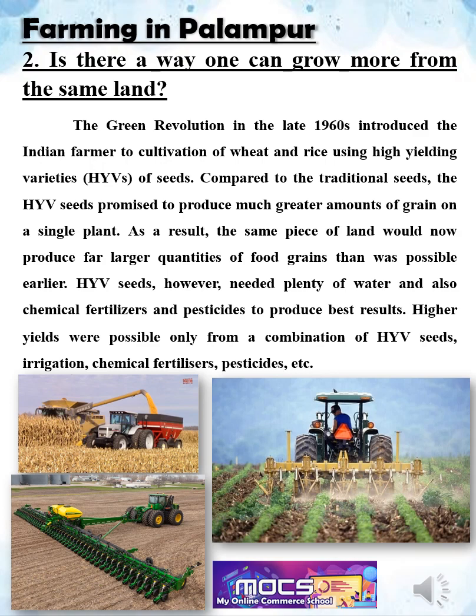As a result, the same piece of land would now produce far larger quantities of food grains than was possible earlier. HYV seeds, however, needed plenty of water and also chemical fertilizers and pesticides to produce best results. Higher yields were possible only from a combination of HYV seeds, irrigation, chemical fertilizers, pesticides, etc.